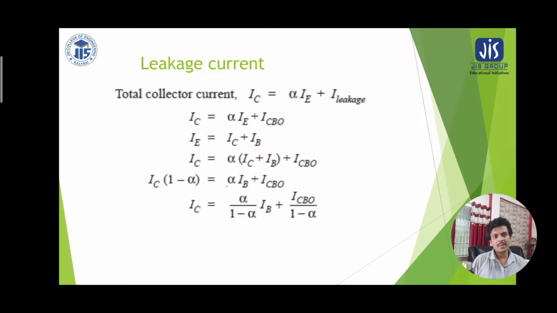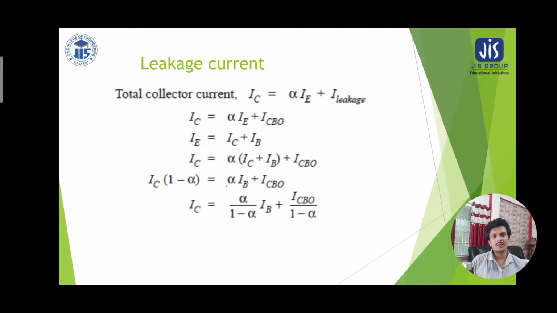Similarly, the base region is positive with respect to the emitter, but the base region is negative with respect to the collector. That is why this negative voltage is attracting the minority holes from the collector region.